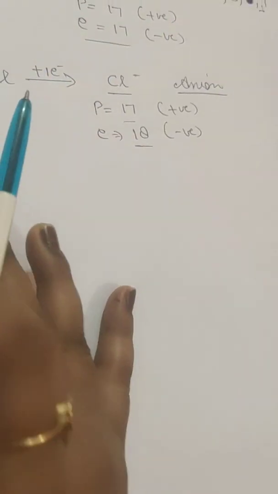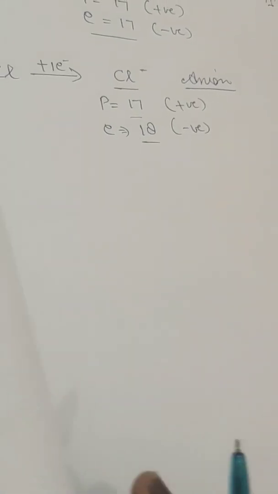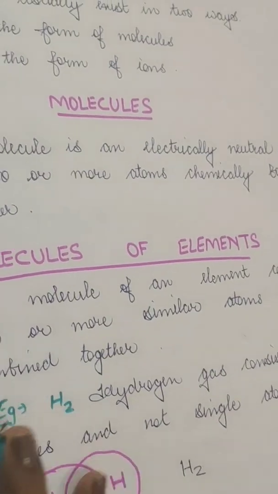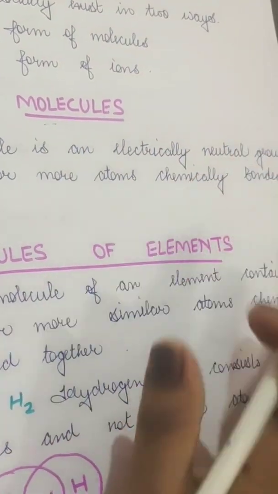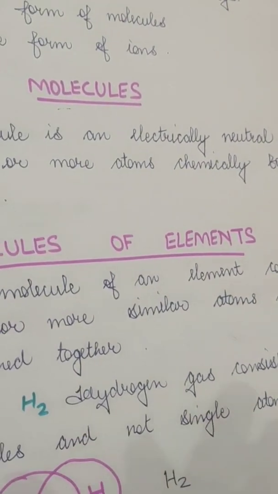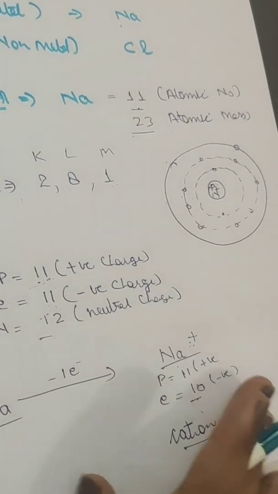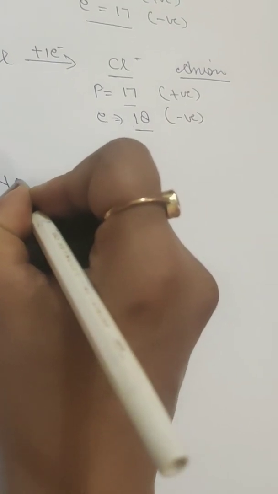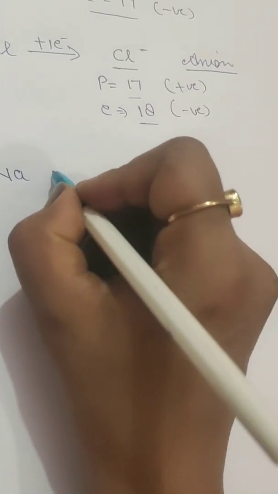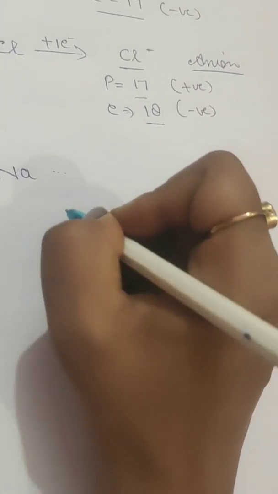Now we were reading about molecules, so how do molecules form? Molecules are nothing but two or more different atoms combining to form a molecule. Like here, this sodium is giving 1 electron, and this chlorine is taking 1 electron.